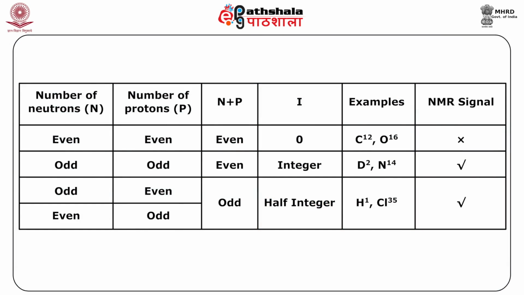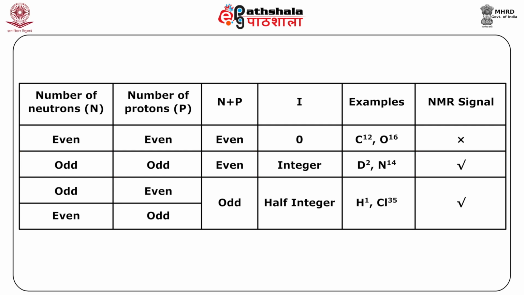Now, for a diatomic molecule, it is important to note that the degeneracy of the ground state for determining the nuclear partition function will ultimately depend upon the nature of the atom constituting the diatomic molecule. As you can see in this table, if the nucleus contains an even number of neutrons and an even number of protons, then its nuclear spin quantum number I is 0. Examples are carbon 12 or oxygen 16.